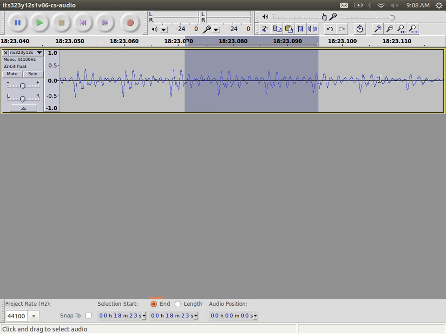The scale here is 18 minutes, 23 seconds, 70 milliseconds, and this is 80 milliseconds. So the highlighted period is about 20 milliseconds of audio. We can see it has the shape of a communication signal, in this case an audio communication signal, varying over time, representing the sound being captured by the computer.